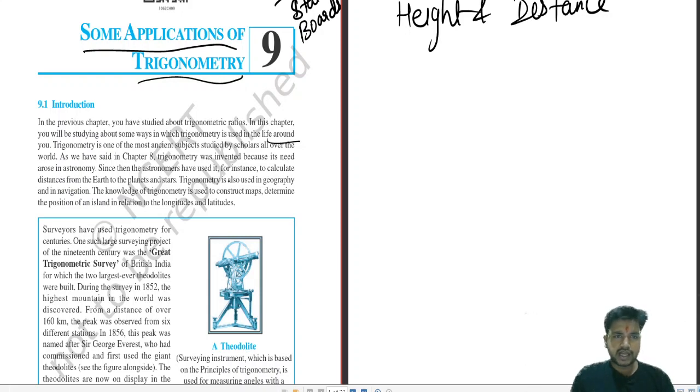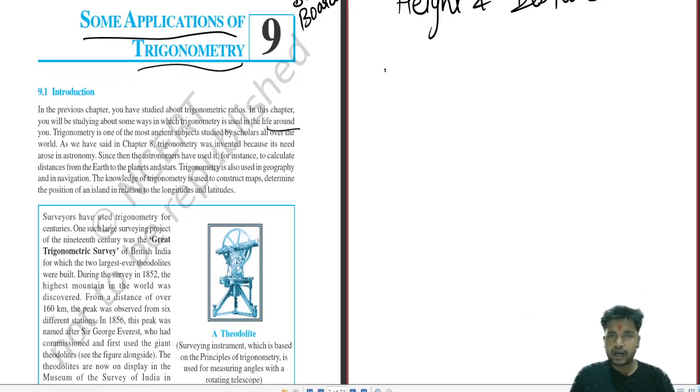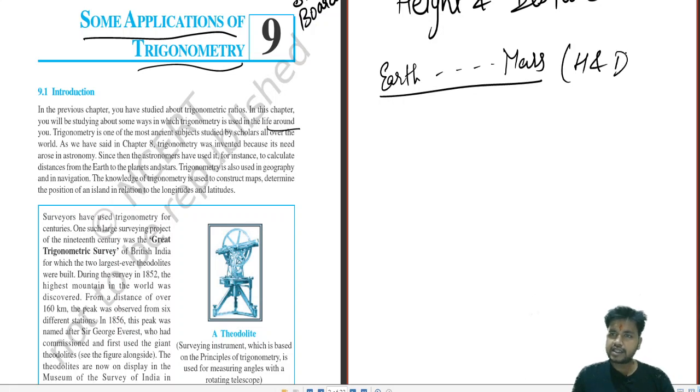Astronomers have used it, for instance, to calculate the distance from the earth to the planets and stars. Trigonometry is also used in geography and in navigation. So in real life, if you say that the earth is this many kilometers away from Mars, this has been calculated with the help of heights and distances, and this is possible due to the study of trigonometry.